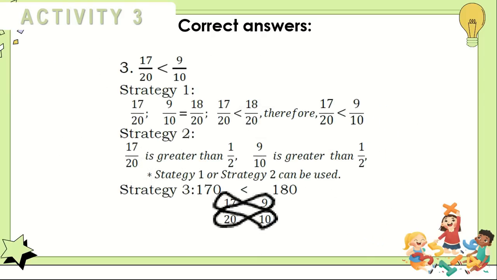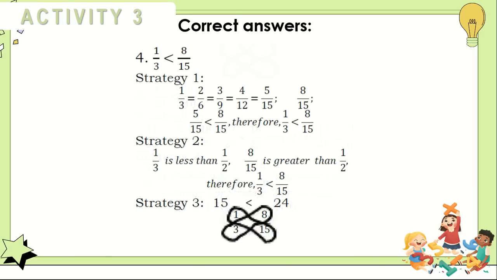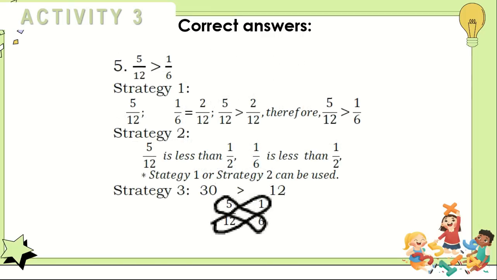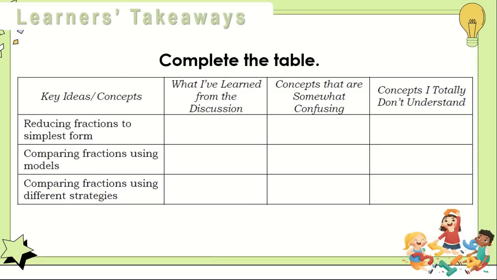Number 3, 17/20 is less than 9/10. Number 4, 1/3 is less than 8/15. And for number 5, 5/12 is greater than 1/6. Complete the table.